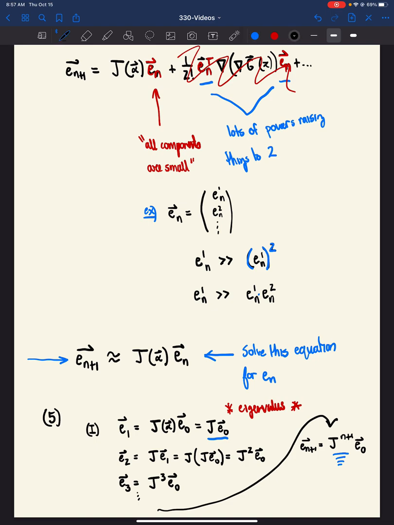And in fact, maybe we shouldn't have jumped to the n plus first. What I want us to take away from that is, if we have our vector iteration set up as the next value equal to our Jacobian times the previous value, then the nth error vector is just going to equal our Jacobian raised to the power of n times the original error.